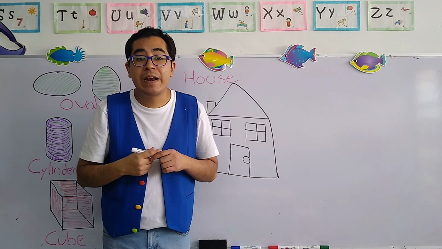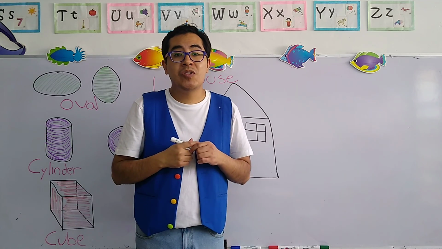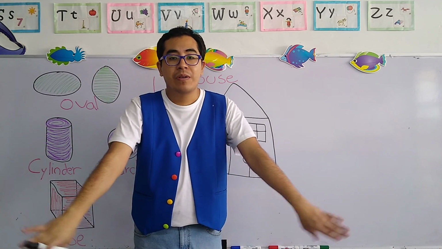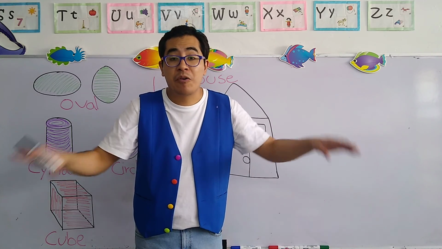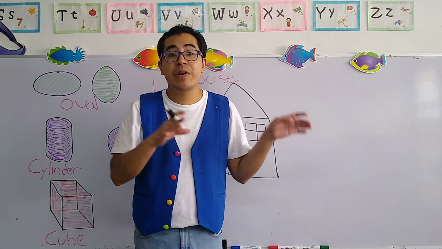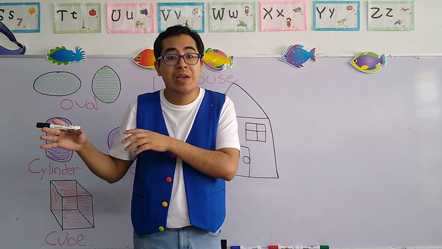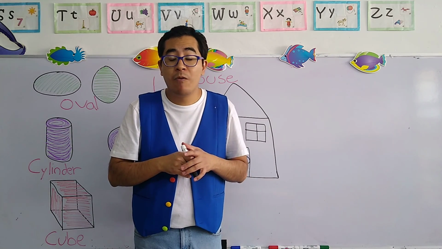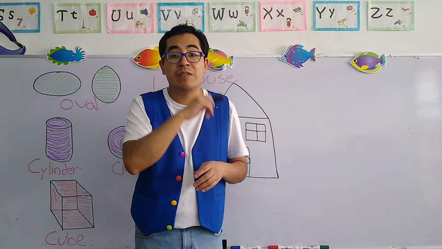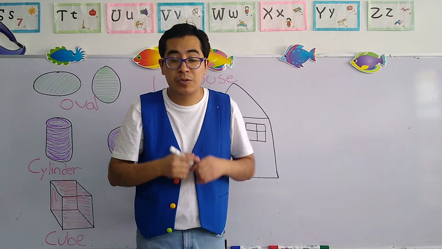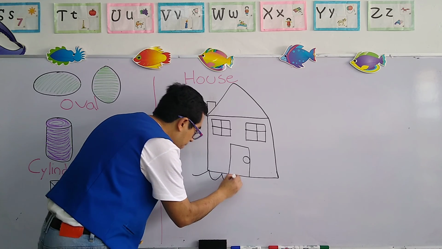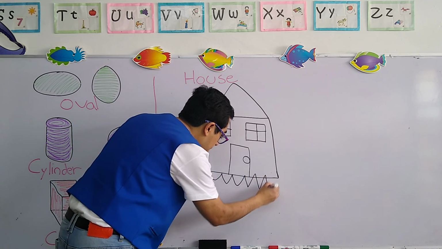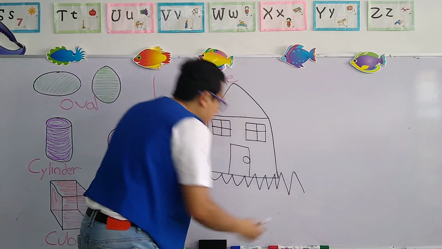Okay, and finally, all of the houses are covered with grass. Now, grass, if you don't remember, in Spanish means pasto. And the most common form of the grass is in form of triangles. You see?